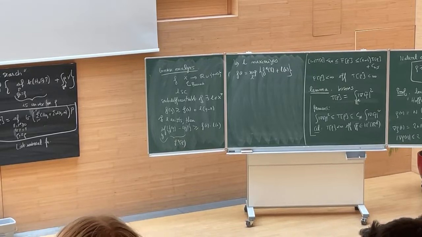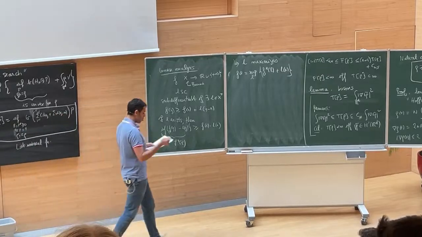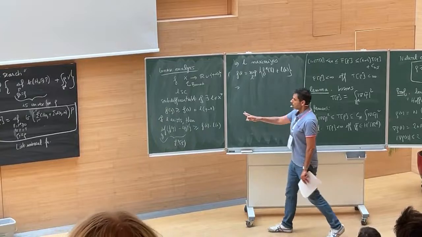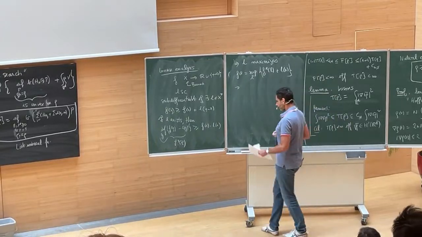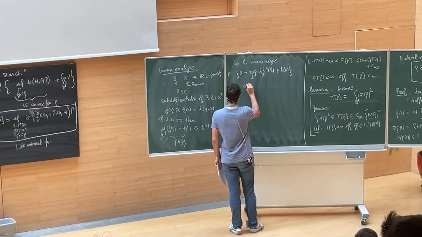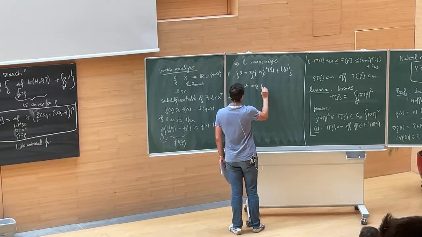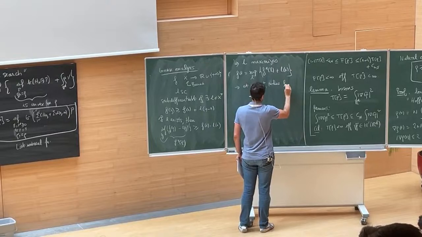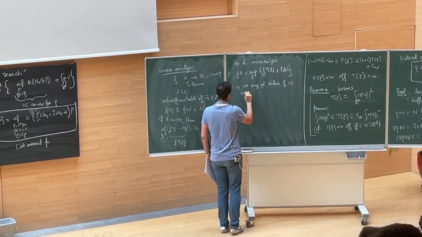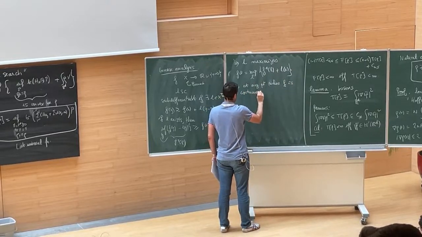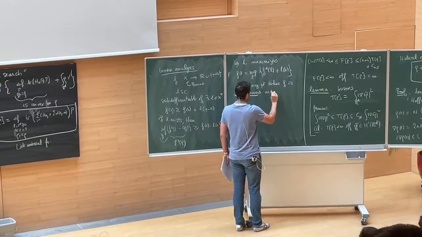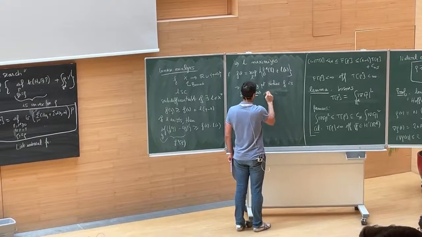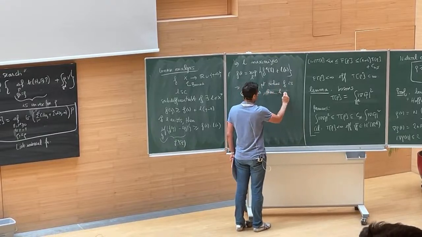That's the only question. So what are the abstract results known in theory about the existence of this L? The first remark is that at any point where F is continuous, then L exists.